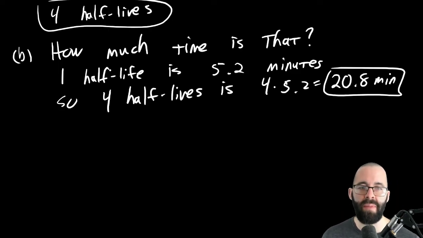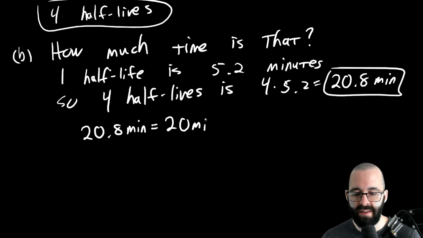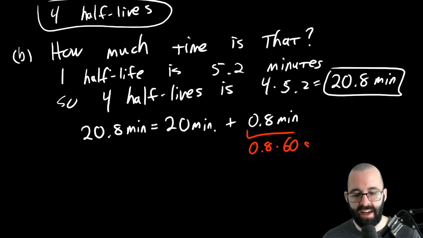What's 0.8 of a minute though? Right, 20.8 minutes. That's 20 minutes plus 0.8 of a minute. What's 0.8 of a minute? That's 0.8 times 60 seconds.